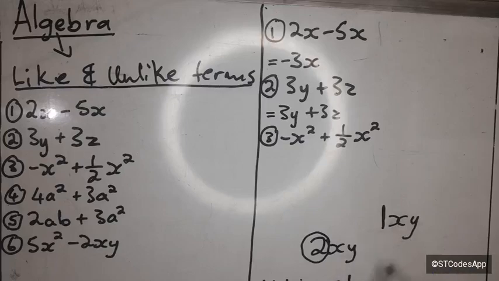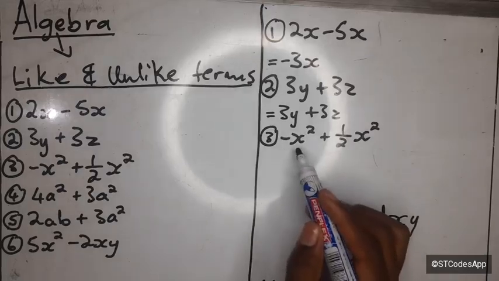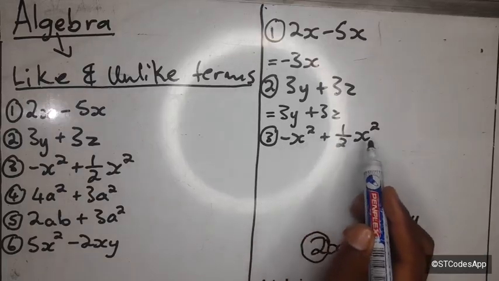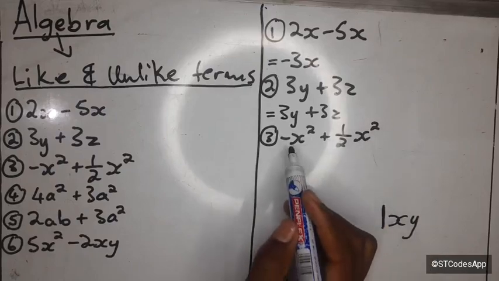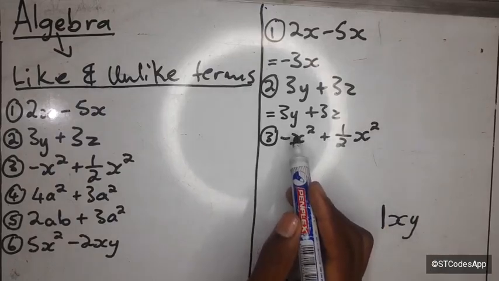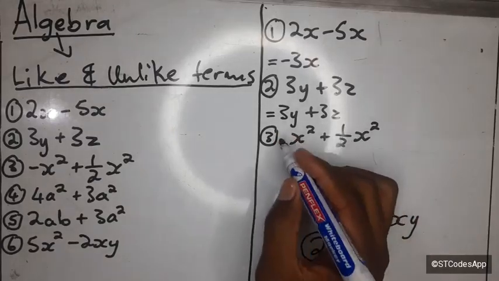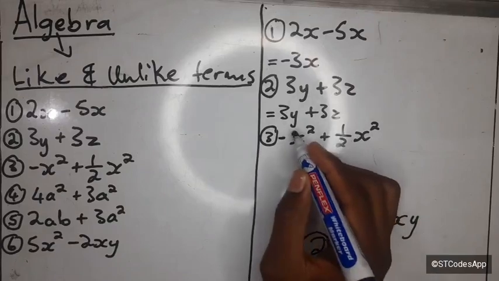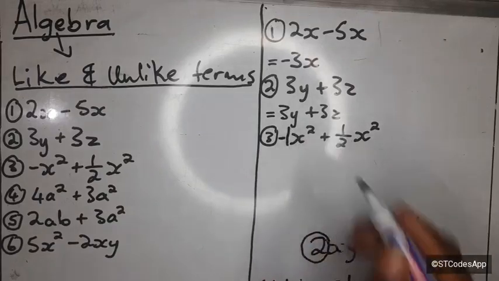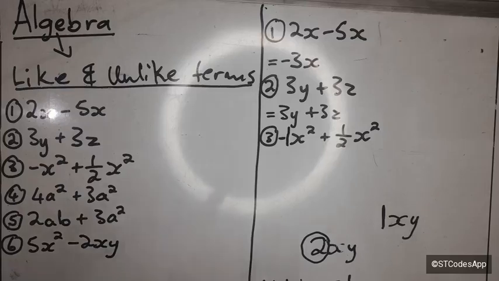So why am I talking about all this? Here we have minus x squared. You see no number, but there is a 1, so it's negative, and in front of x squared there is a 1.